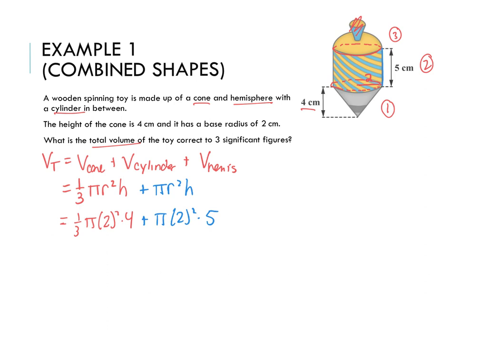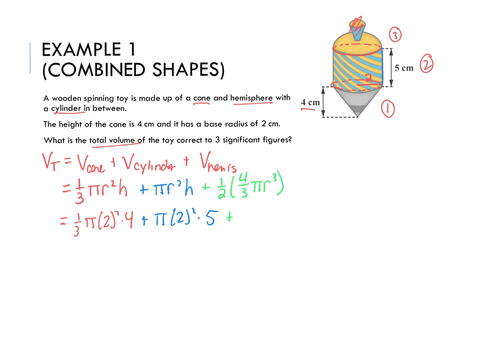And then our final shape is the hemisphere. The formula for a hemisphere is 1/2 of the formula for the volume of a sphere. Remember, for the hemisphere, the formula is not given to you, only for the sphere. So I'm going to use the formula for the sphere, 4/3 pi r cubed.